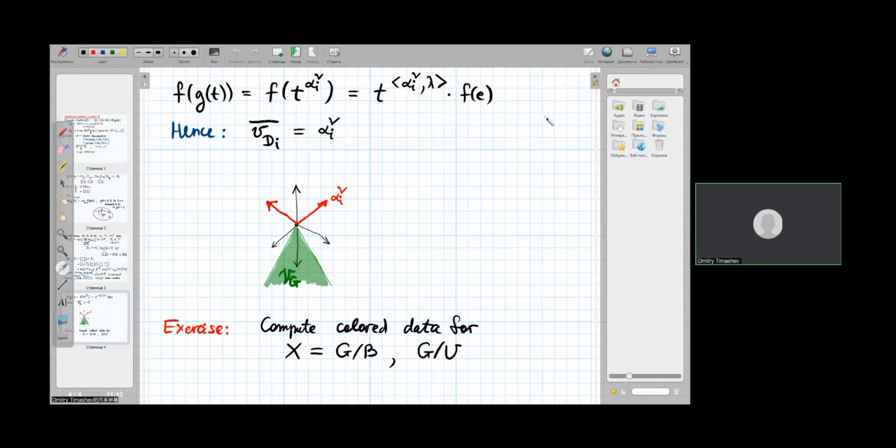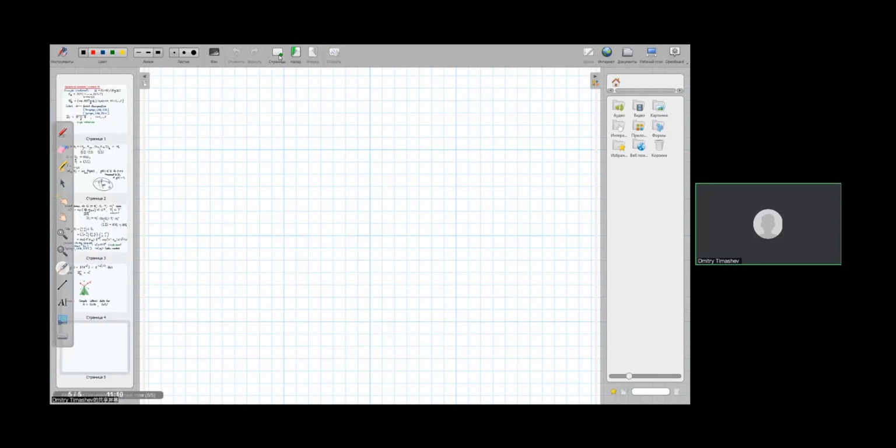Okay, let's continue. Let's go on with the lecture. Now we are ready to build up the classification of spherical varieties.